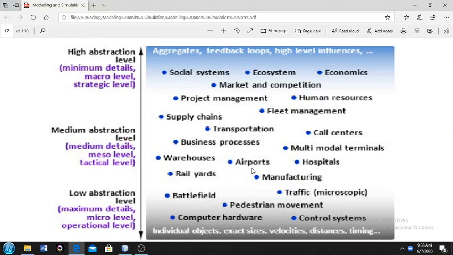They are considerably complex. Now, those on high abstraction are social system, ecosystem, economics, market and competition, project management, human resource. These are very complex systems to simulate, and for a reason, because understanding social behaviors is very difficult.